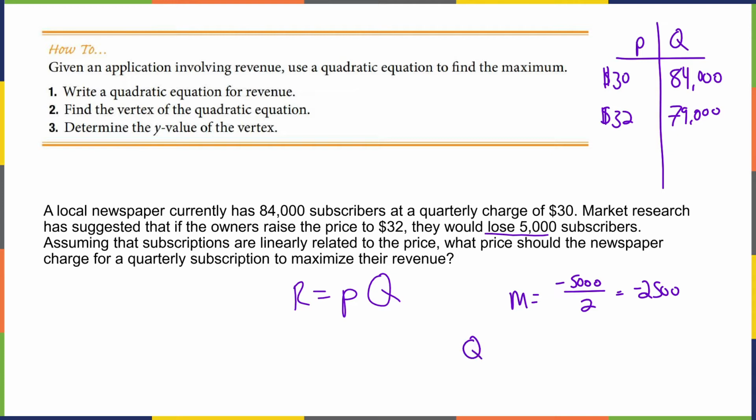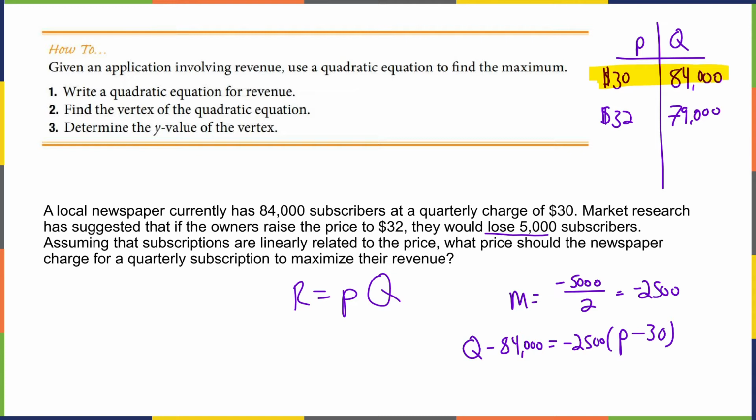So we can say Q minus, let's go with 84,000, equals negative 2,500 times P minus $30. So we use that first point there to put it in point-slope form. Then you can distribute your negative 2,500 and add the 84,000 over.